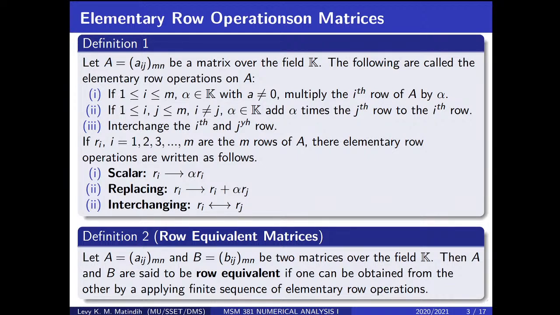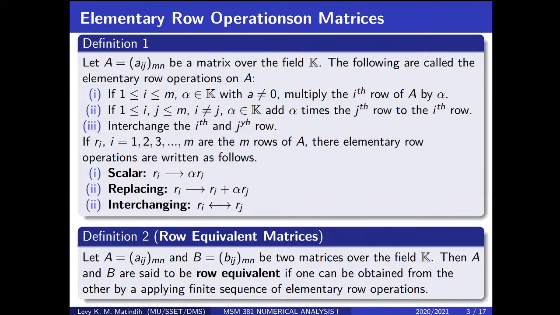So if we have an m by n matrix A and an m by n matrix B, then we say that A and B are row equivalent matrices if one can be obtained from the other by applying a finite sequence of elementary row operations.